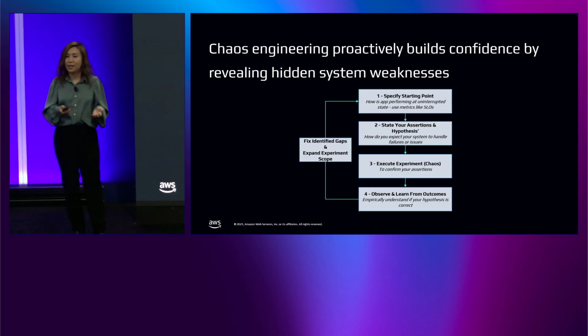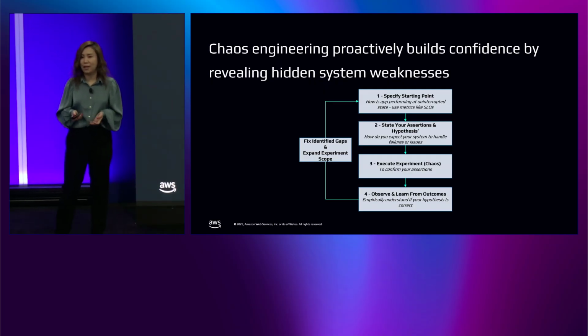So, why does chaos engineering matter? In today's complex landscape, we can't just hope everything works. We need to know. I want to highlight how we can build more resilient applications by applying chaos engineering principles early in development.